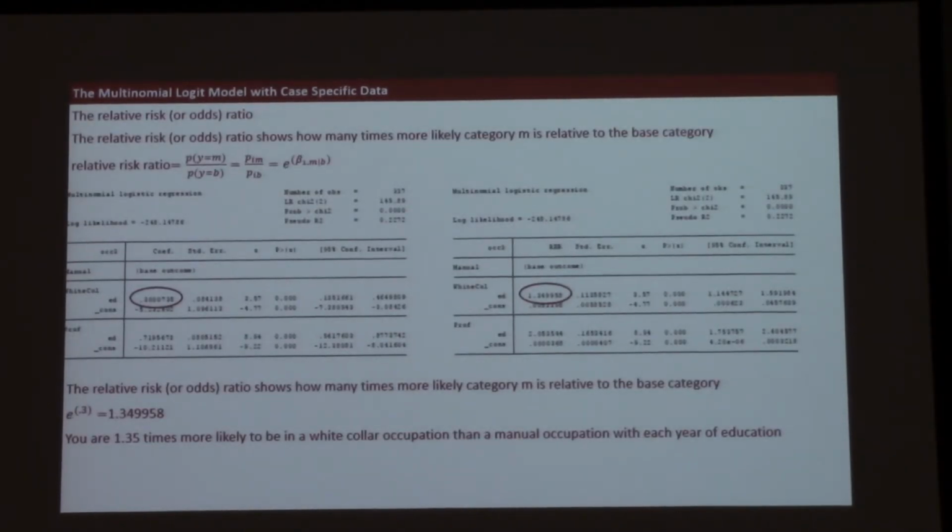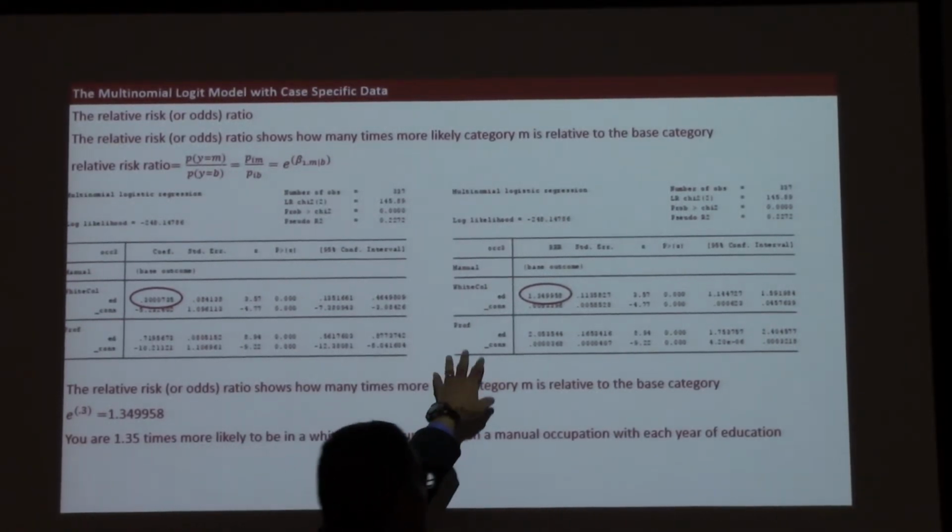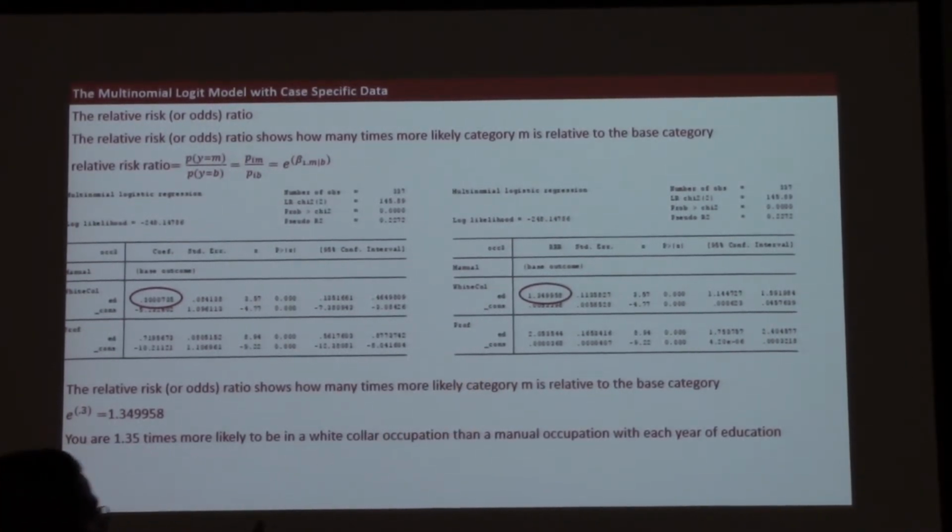Yeah, and if we go down to the other one, I guess I only did one of them. But if we go down to professional, again, notice that for every year's worth of education, you're 2 times more likely to be in a professional occupation than in, again, the base category, which is a manual occupation.